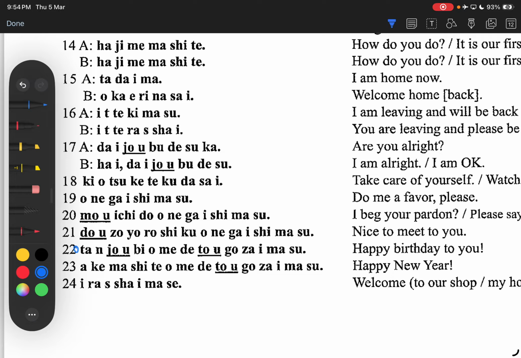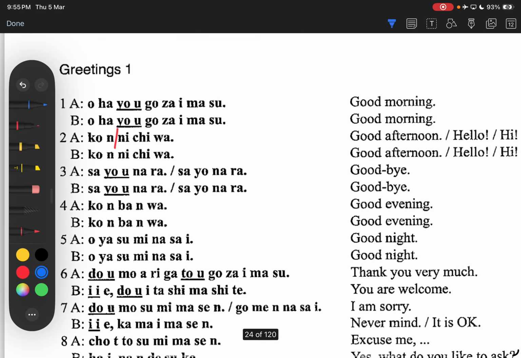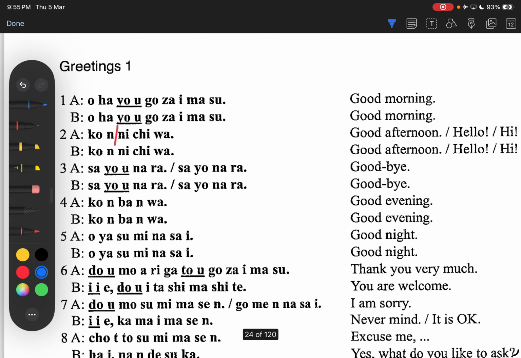Okay. So what will the homework be? Very simple. We have learned the Hiragana system, right? So we have a long list of greetings here with no Japanese characters. So your homework will be, on an empty piece of paper, please transcribe.